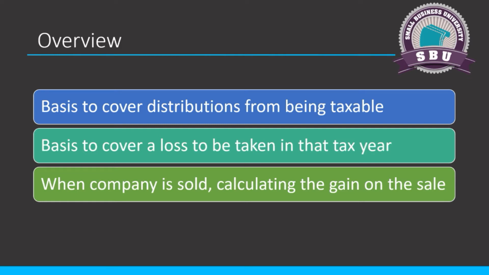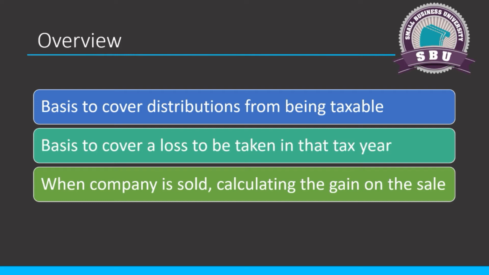But you could take a distribution, and if you don't have enough basis, not only do you have to pay tax on the income the S-Corp made, you also pay tax on the distribution. Crazy, right? It's kind of like being double taxed. So having this basis is important. And the first piece of this that we're going to cover here is the distribution side of it. You have to have enough basis to cover whatever distributions you take out of the company.